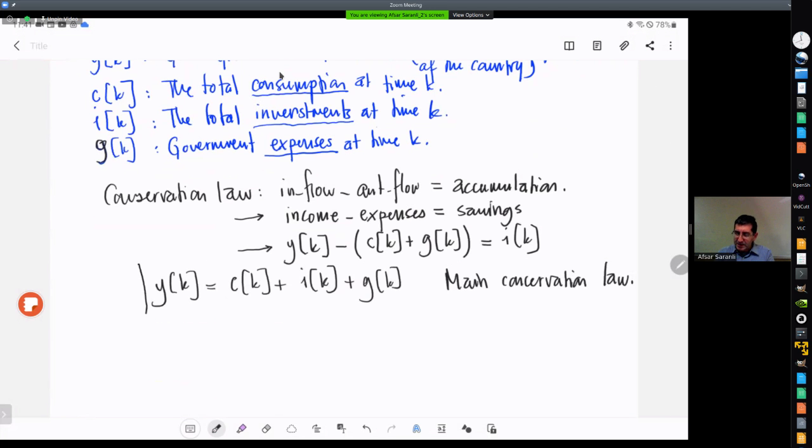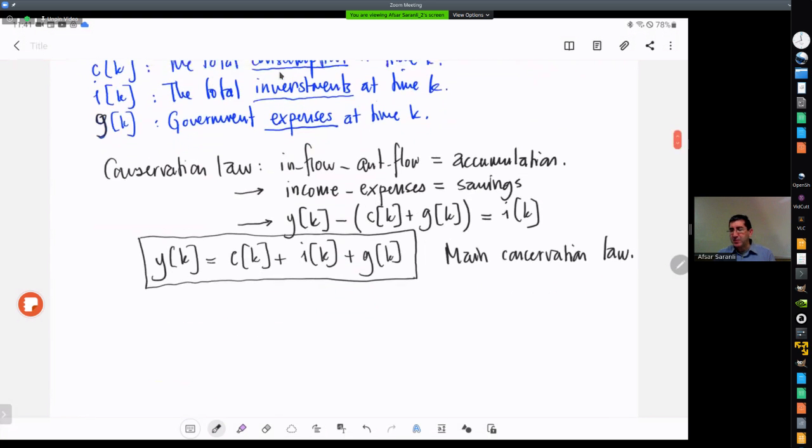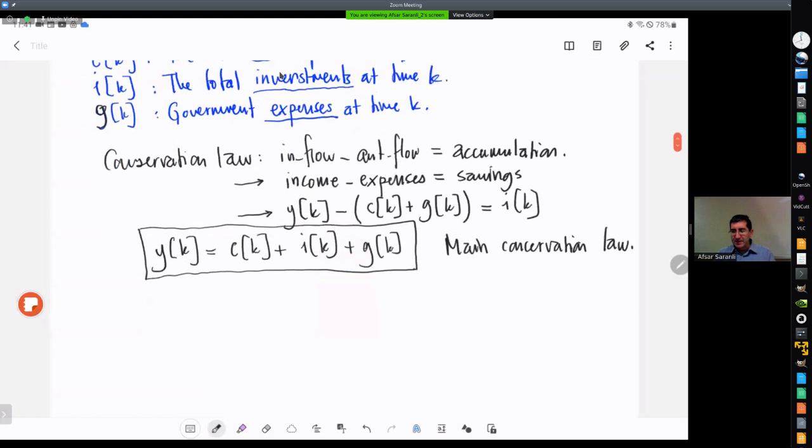That is one of the equations that we will incorporate into our model. Now, there are other relationships between these variables, and unfortunately these are not cast in stone.